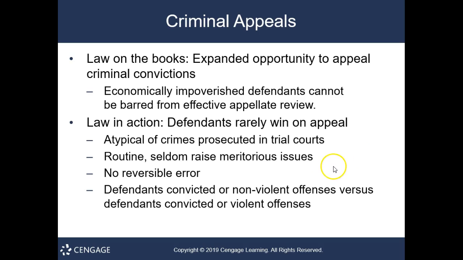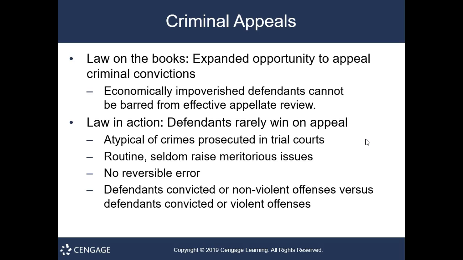Now, defendants convicted of nonviolent offenses versus defendants convicted of violent offenses, the difference can be big. What this means is that those convicted of nonviolent offenses would probably stand a better chance of having an error found to be a reversible error than those who were convicted of violent offenses.